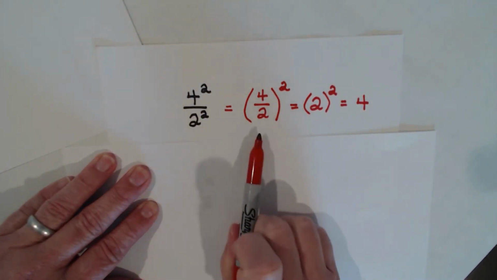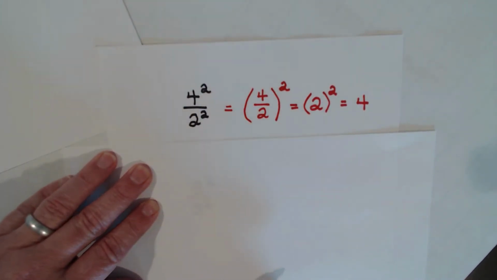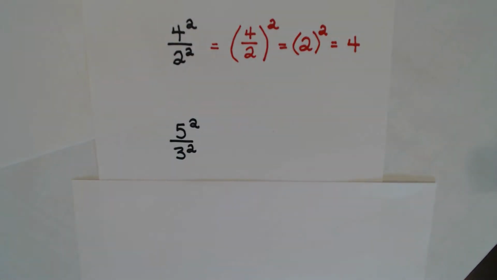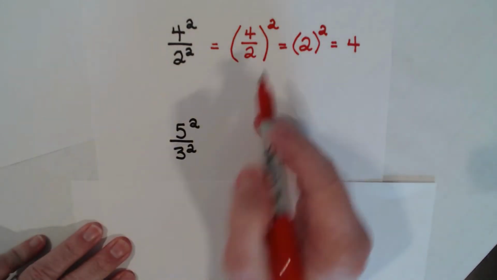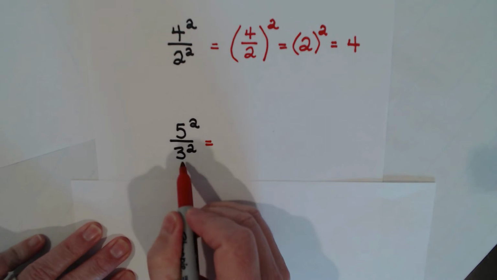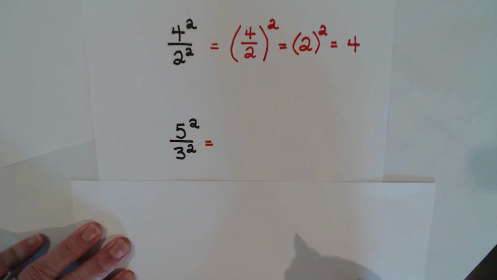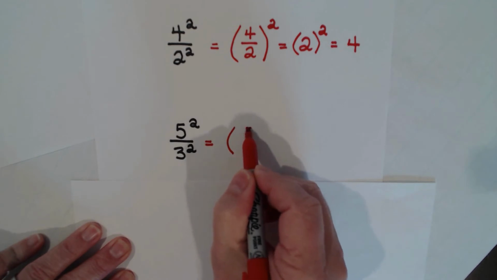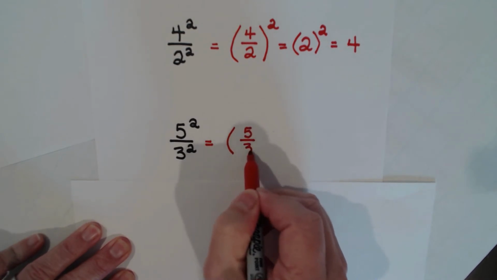Now these where you can divide seem to be simple, but the ones where you can't divide seem to give students a lot more problems. They're expecting you to be able to divide these numbers, and you can't always divide the numbers. So what you're simply going to do is rewrite it with parentheses, put 5 divided by 3.